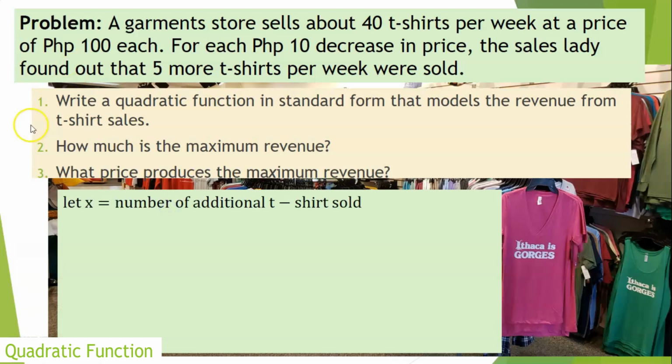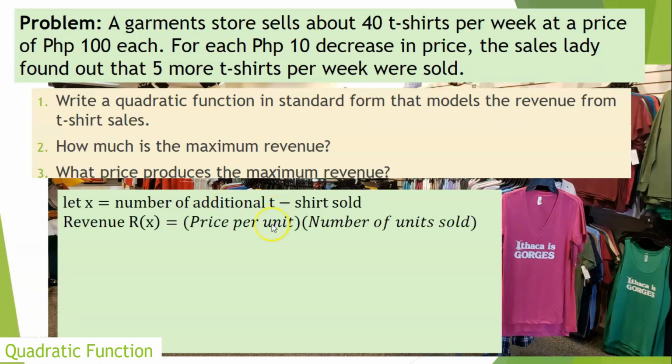Let x be the number of additional t-shirts sold. Our revenue would be the price per t-shirt times the number of t-shirts sold. Take note, the price is 100 and the number of t-shirts sold is 40.